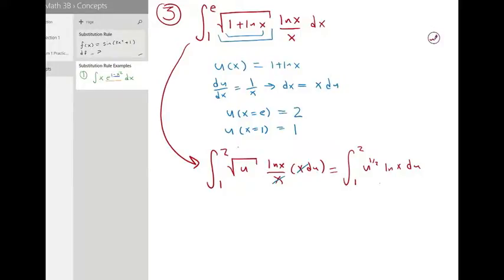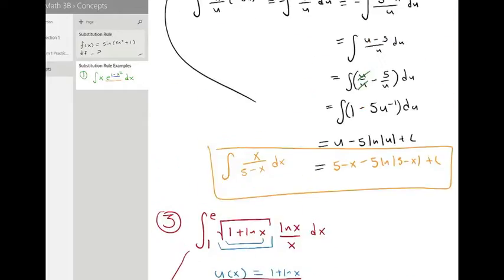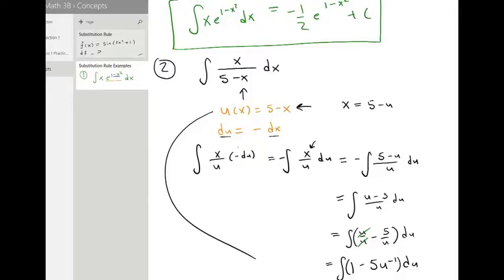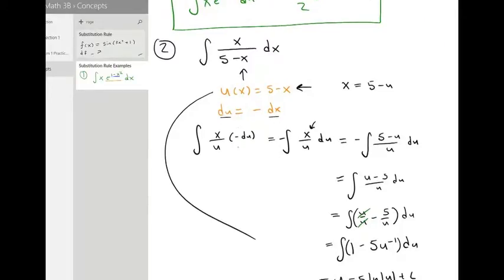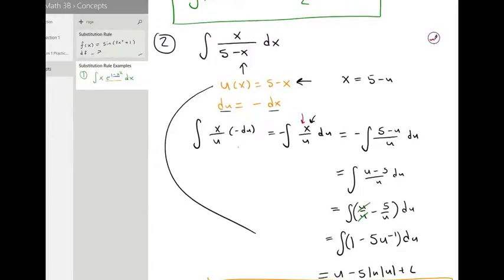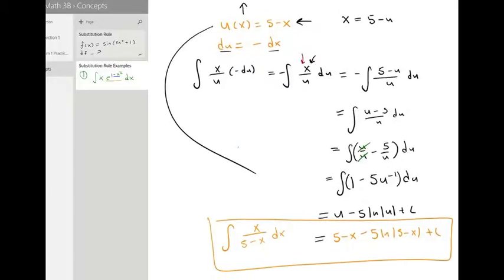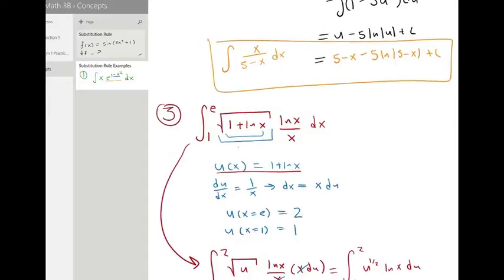But if we look at our expression for u, kind of like in the last example, we were stuck with an x, and our u function was x, our problem, times a constant, added by a constant.